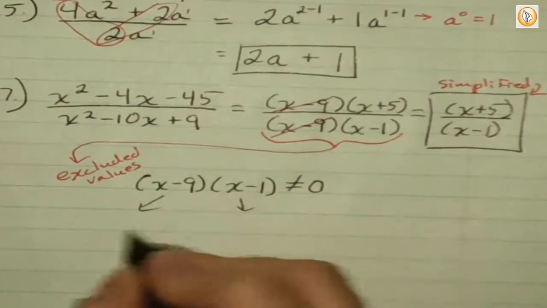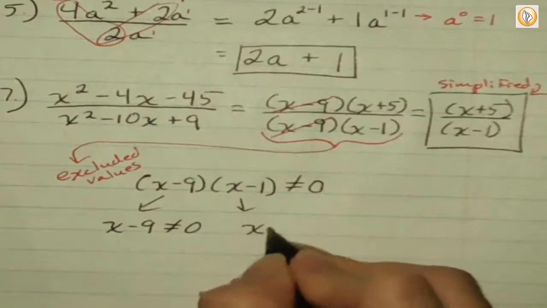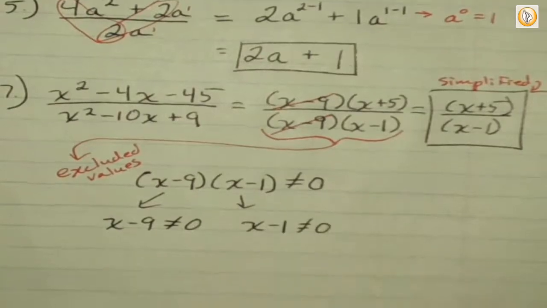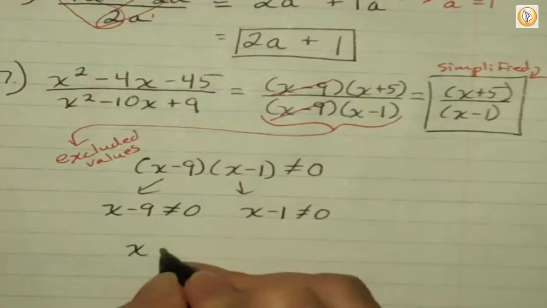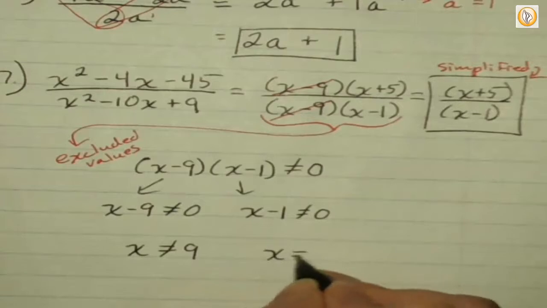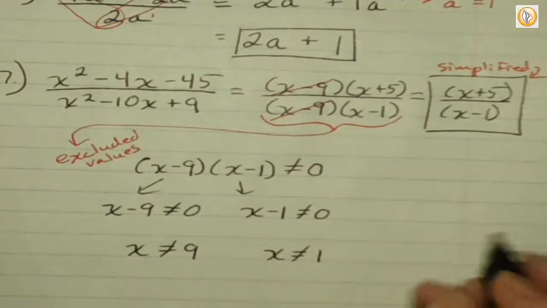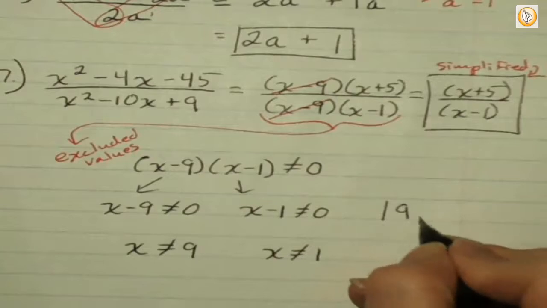Separate them out. X minus 9 does not equal 0. X minus 1 does not equal 0. And we end up getting x does not equal 9 and 1.